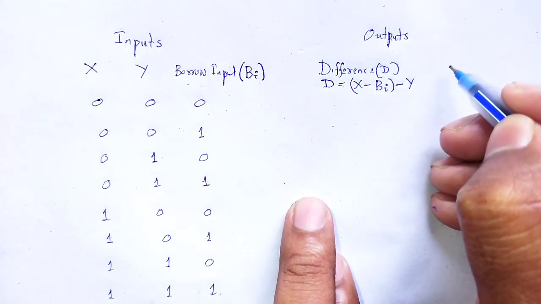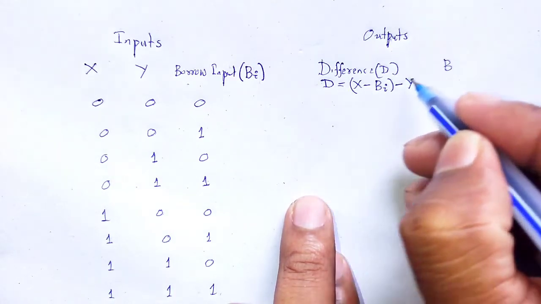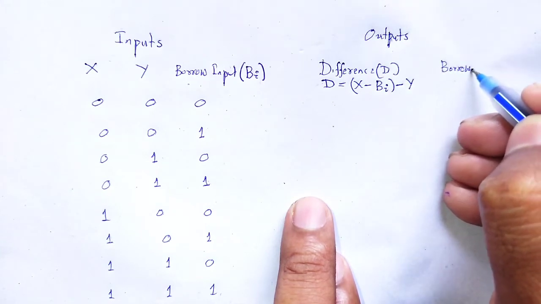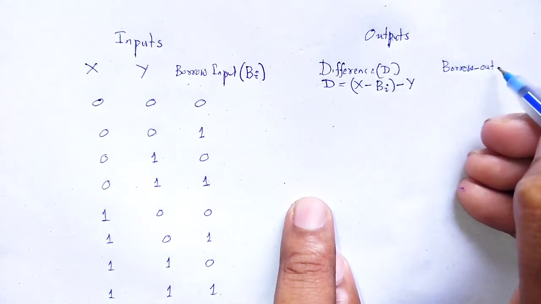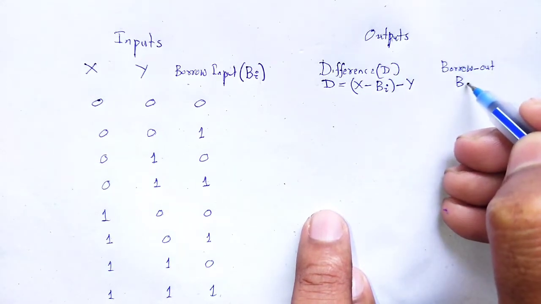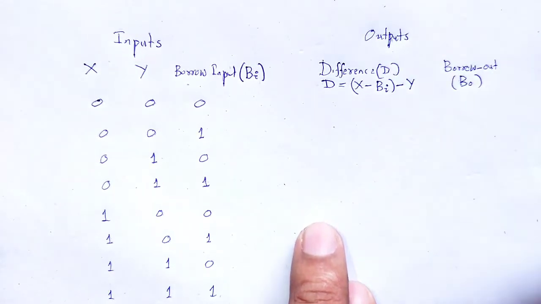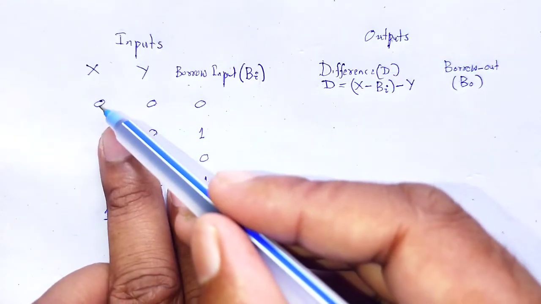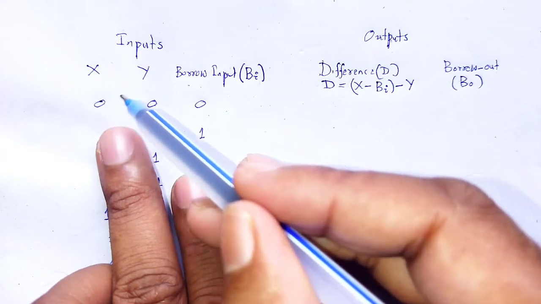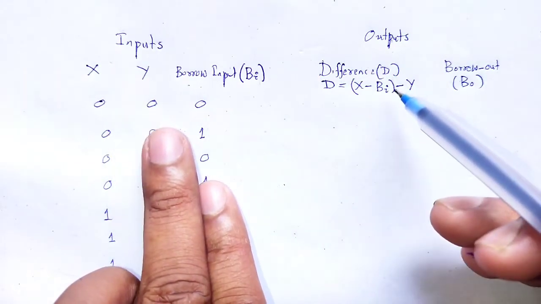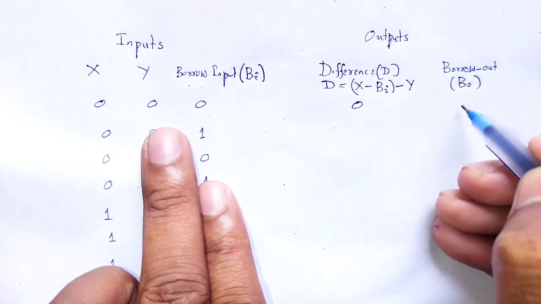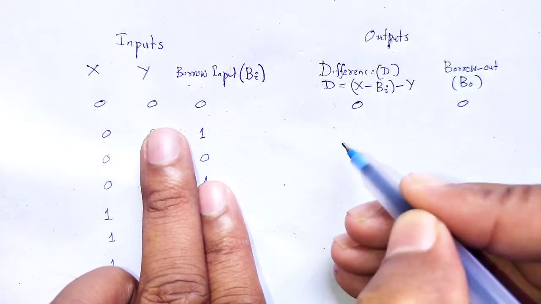Again, for that subtraction purpose, we have the borrow output bo. When x is subtracted by bi: 0 minus 0 is 0, minus y 0, and borrow also 0.